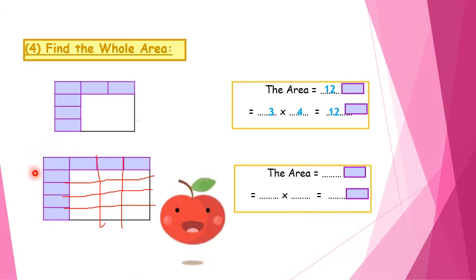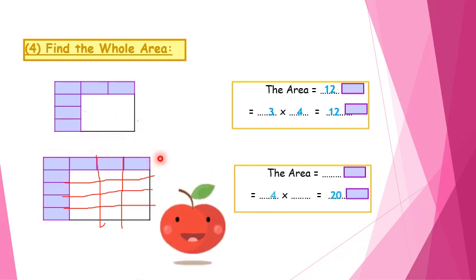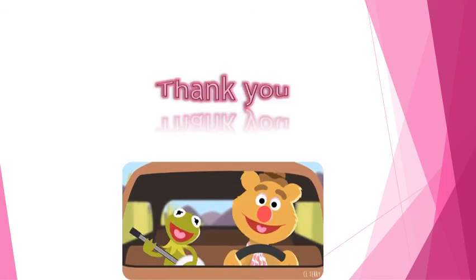I have here 1, 2, 3, 4, 5 rows and 1, 2, 3, 4 columns. So it's 4 multiply 5 will be 20. So the area up here is 20. I can just write it, not count all of them. That's all. Thank you for listening.